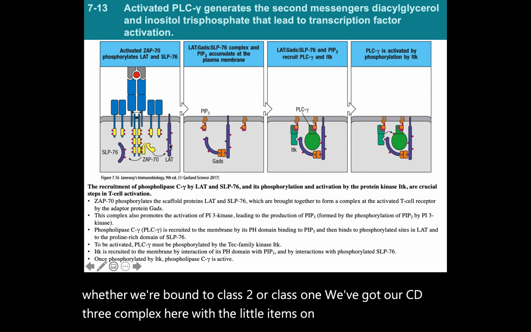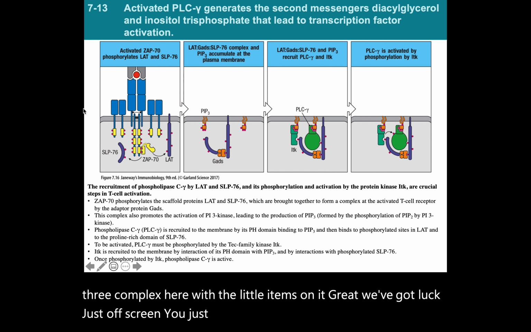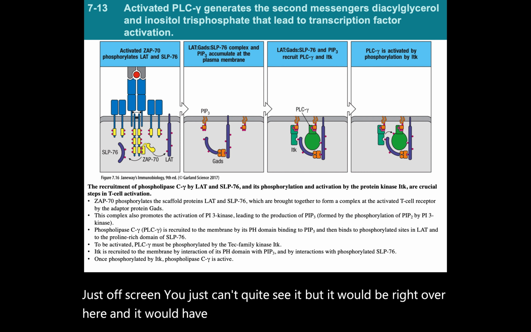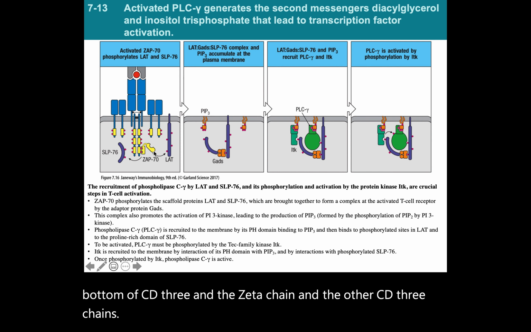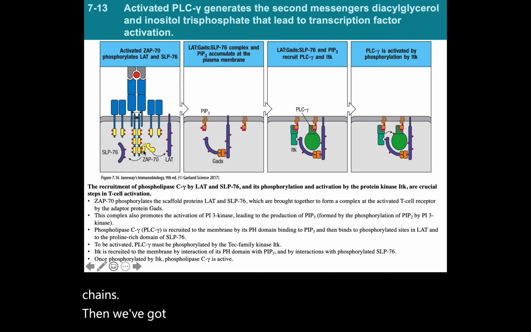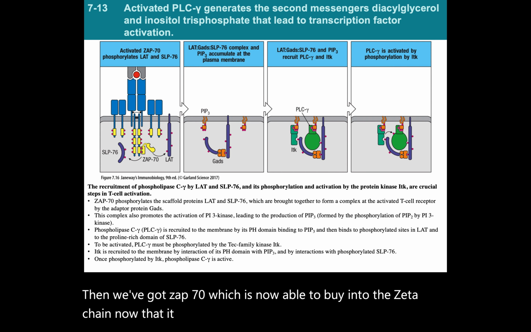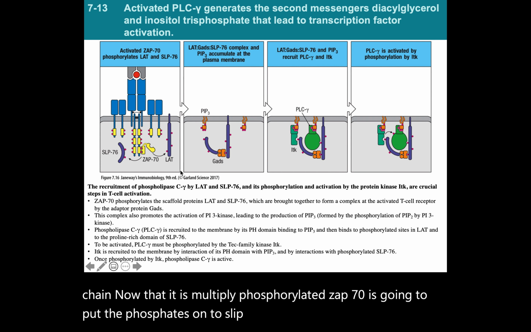We've got Lck just off screen. You just can't quite see it, but it would be right over here. And it would have phosphorylated the ITAMs here on the bottom of CD3 and the zeta chain and the other CD3 chains. Then we've got ZAP70, which is now able to bind to the zeta chain now that it is multiply phosphorylated. ZAP70 is going to put phosphates onto SLP76 and onto LAT.